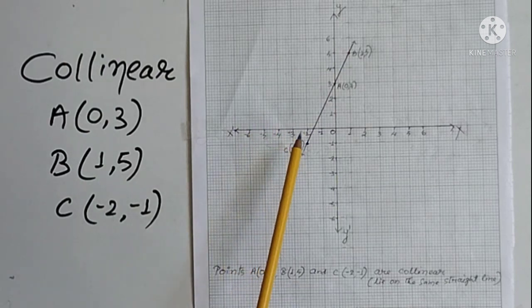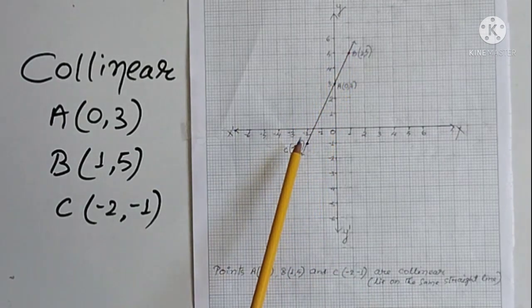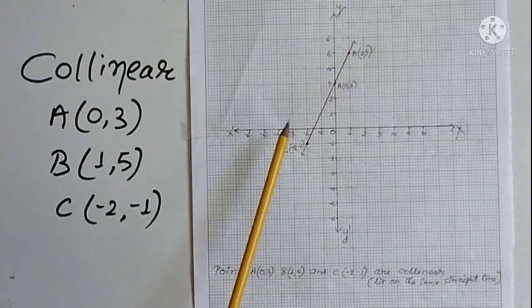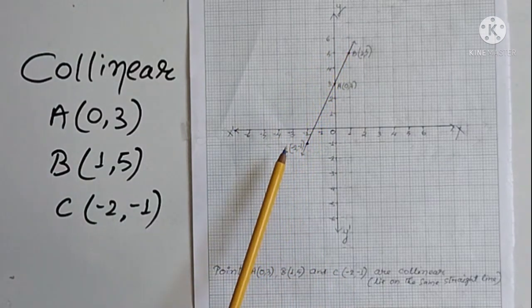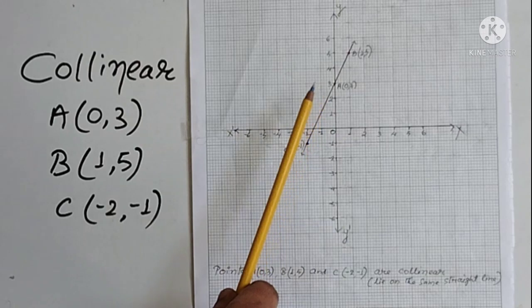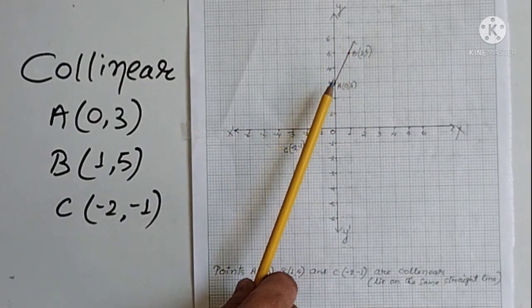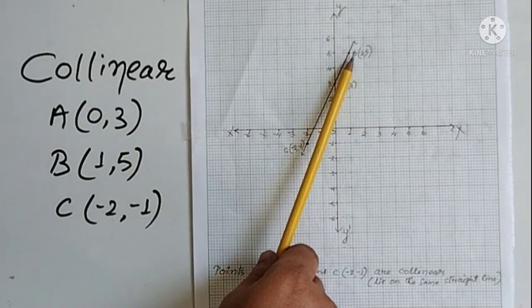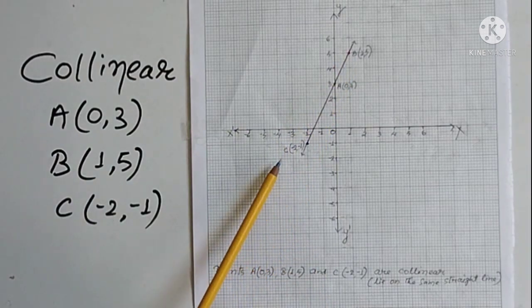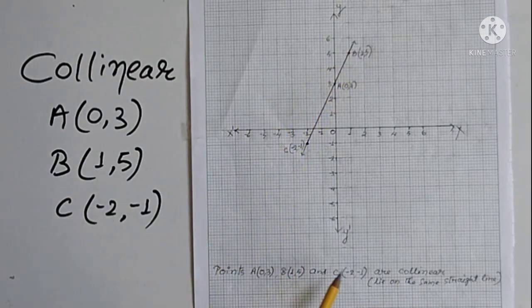Now you have got all the 3 points, this A, this B and this C. Now try to draw a straight line passing through all the 3 points. If you are able to draw a straight line passing through all the 3 points, like in this case, you can say that these 3 points are collinear.